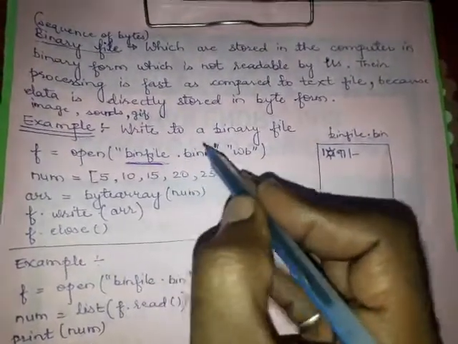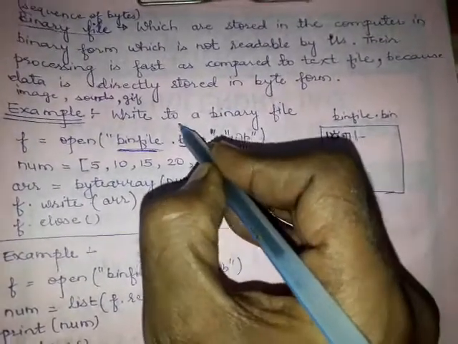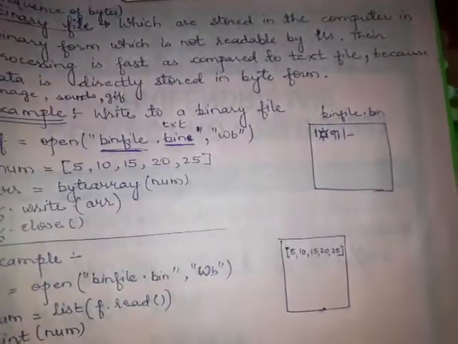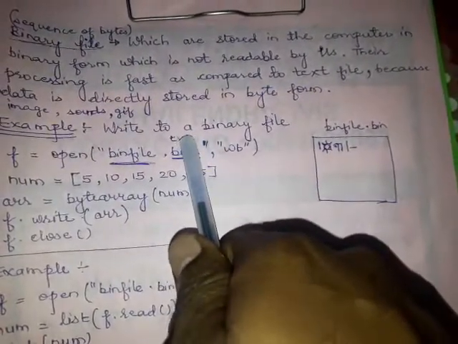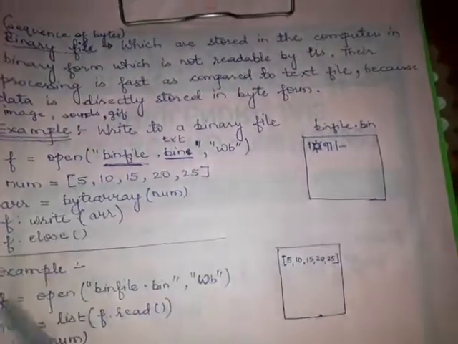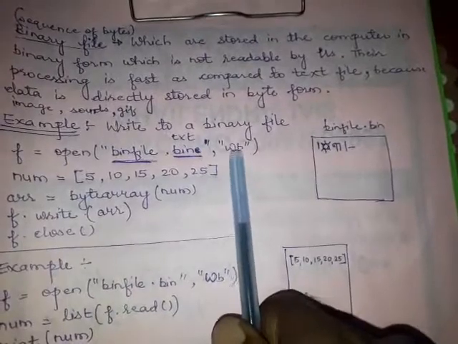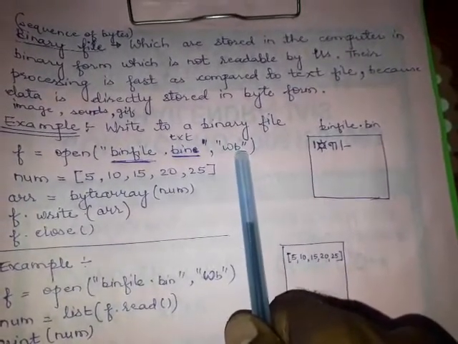If bin is not familiar to you, you can write txt also here. So this is the file name, this is the extension. Either you can write .txt or you can write .bin. Now here, this is the write mode for binary file, write binary.